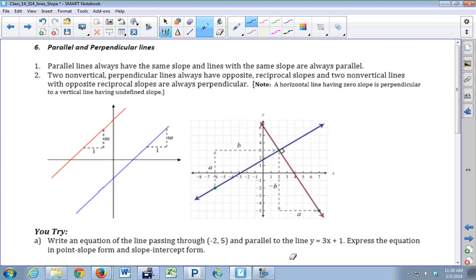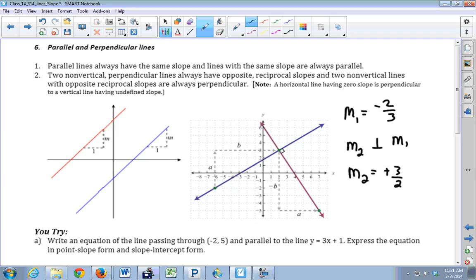So if I told you that the slope of my first line, M1, was negative 2/3, and I asked you to find the slope of the line perpendicular to M1, what would be the slope of M2? Well, you say, okay, the first thing I know is it's going to be positive, and then, right, I switch my rise and run, so it's going to be 3/2.